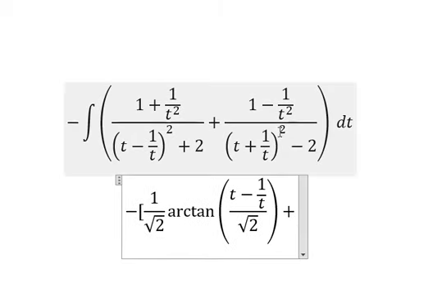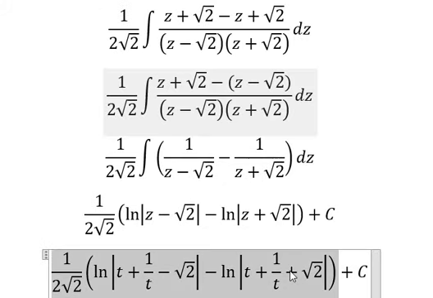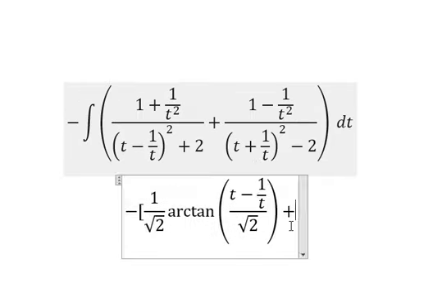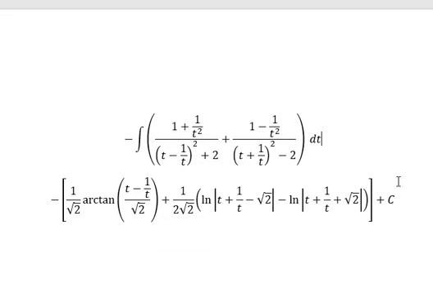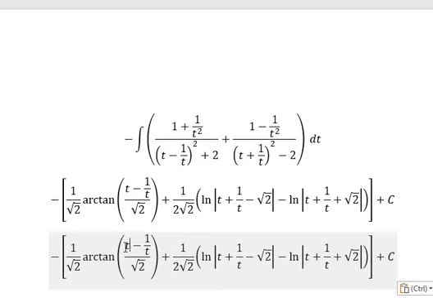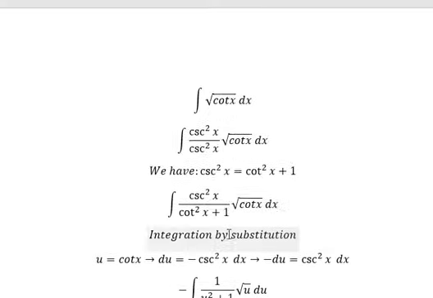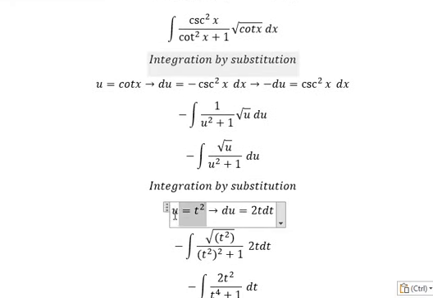So the integration of this one, that is this one. Now about t, that is this one.